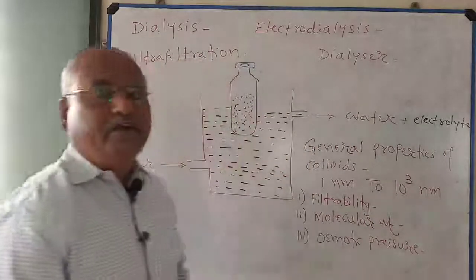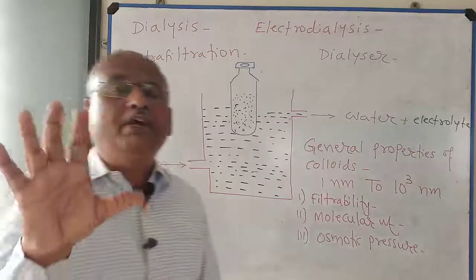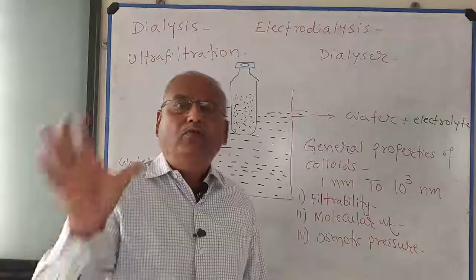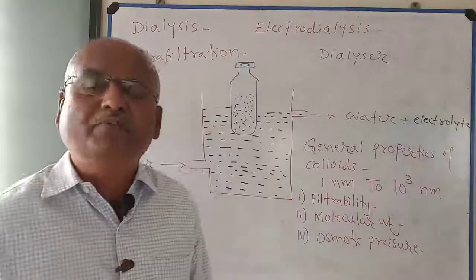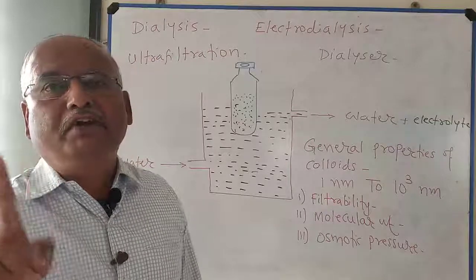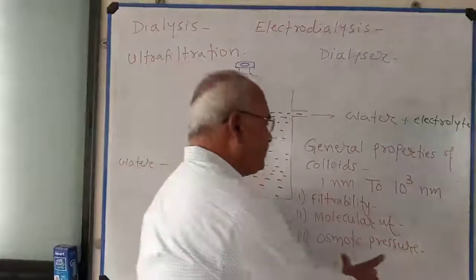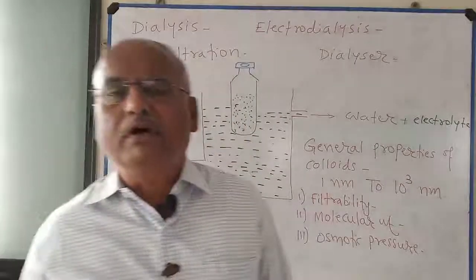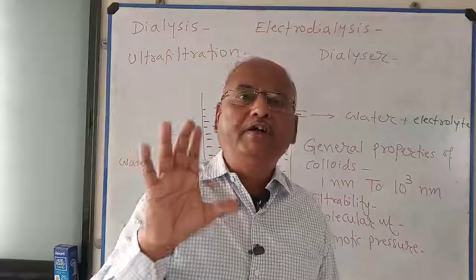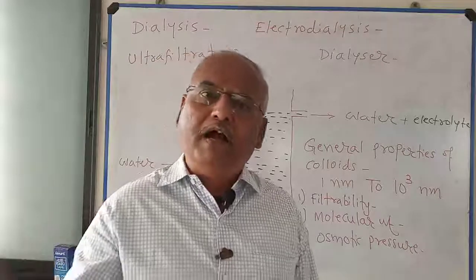You know that osmotic pressure is a colligative property, and a colligative property depends upon the number of particles present in the solution. Colloidal particles are formed by aggregation of a large number of atoms, molecules or ions.